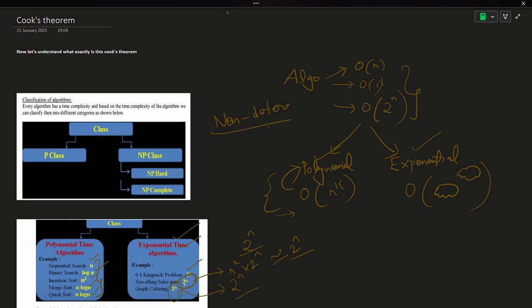See, for example, if I take 0, 1 knapsack problem, this can be solved in big O of 2 power n time. But at some point of time in future, if the same problem can be solved in polynomial time, how would it be?